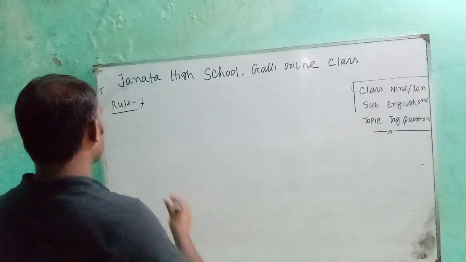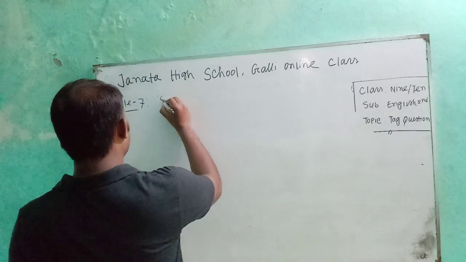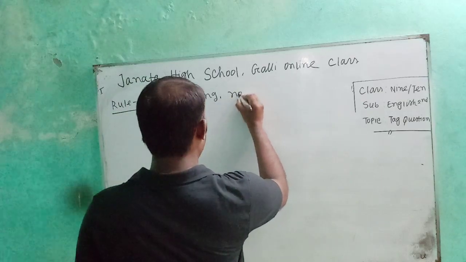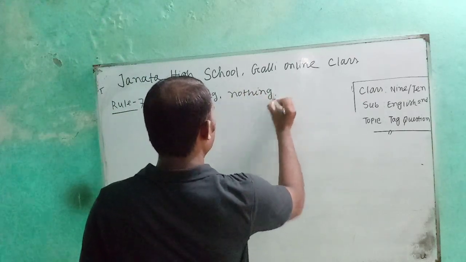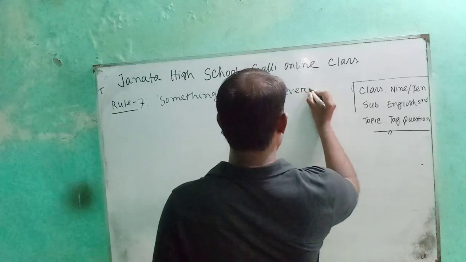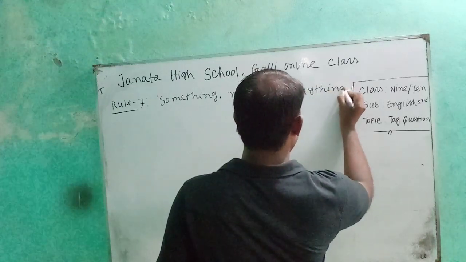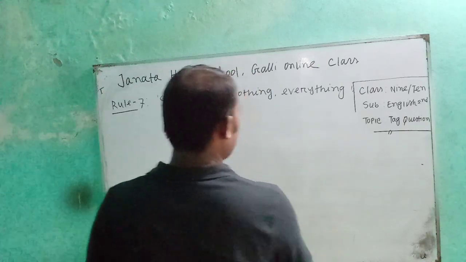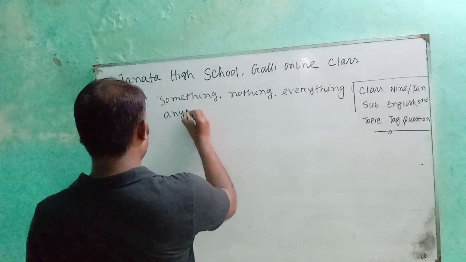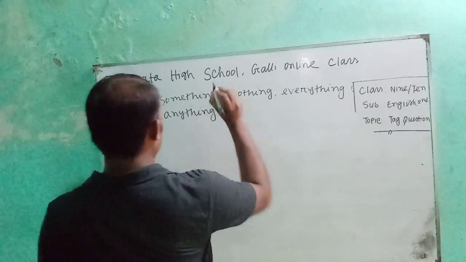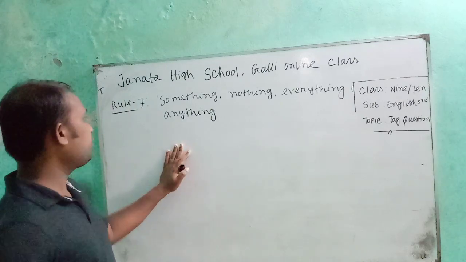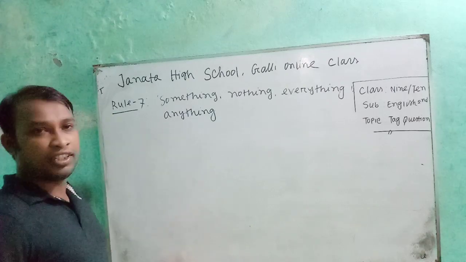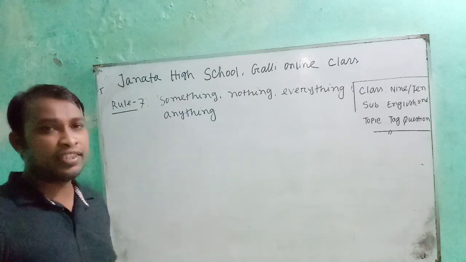Rule 7. If we find something, nothing, everything, anything as subject in a sentence, we have to use it.